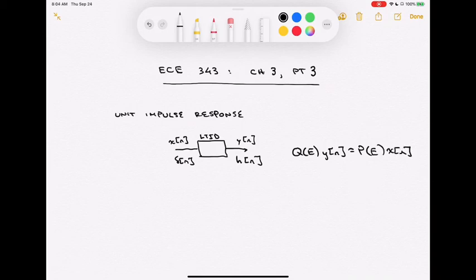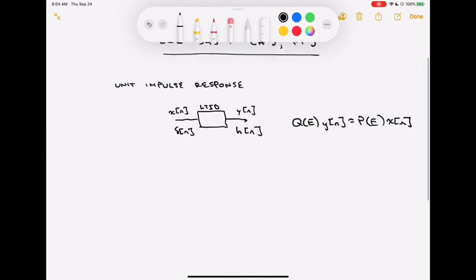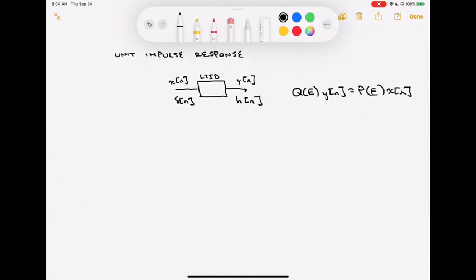That was our compact input-output notation for this discrete time system. If we adapt that for this input of a delta and know that h comes out, we get Q of E acting on h of n equals P of E acting on delta n. That's just making the substitutions of x equaling delta and the resulting y being h.